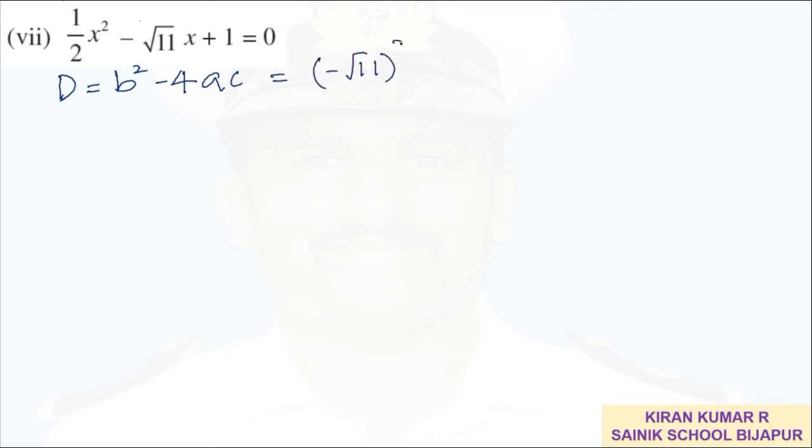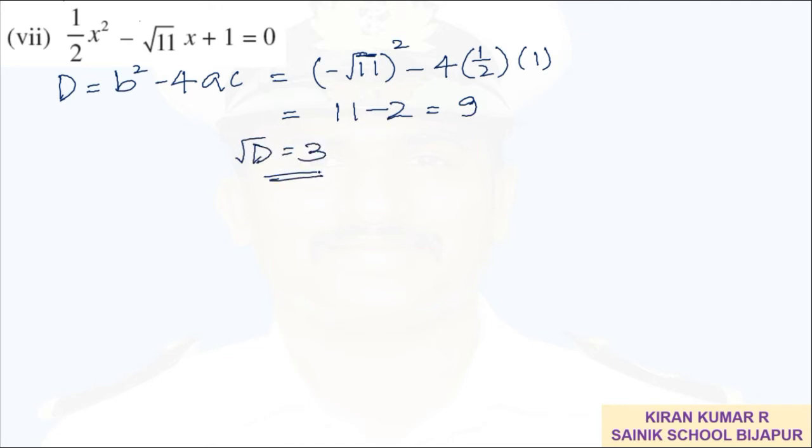So negative root 11 square minus 4 times ac, half into 1. We get root 11 square is 11 minus 2. We get it as 9. So root d is 3. Very easily we got the value of root d.